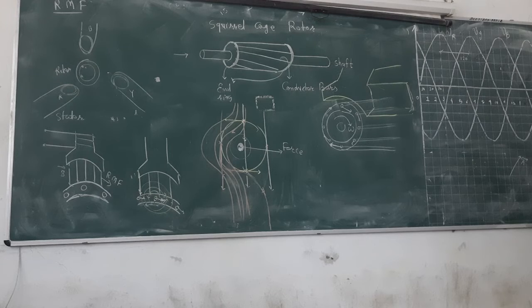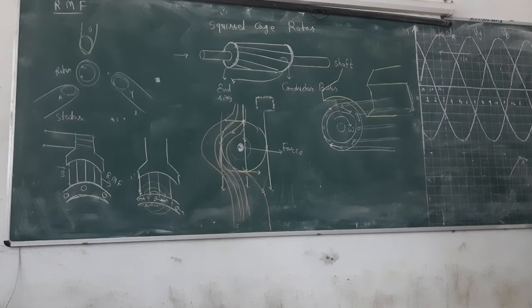Put the 3 coils, stuck the coil, give the 3-phase supply, and the rotor will start to rotate. It has a mass, so it will take time to rotate. But once it starts to rotate, it will remain in rotation forever. The mass will not be a problem. Even if you go into space, the 3000 RPM rotor speed will not be achieved.